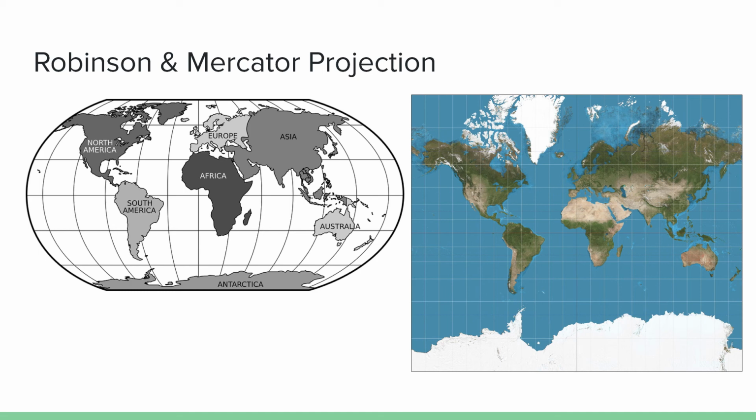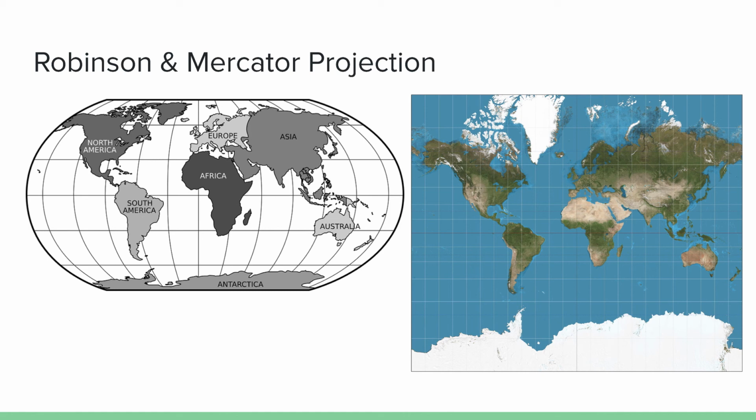Now, the map on the right, as we know, is the Mercator projection, and that projection makes areas near the poles look bigger than they are.